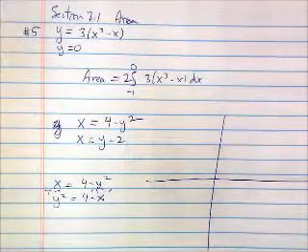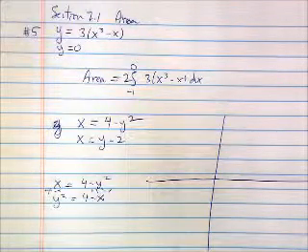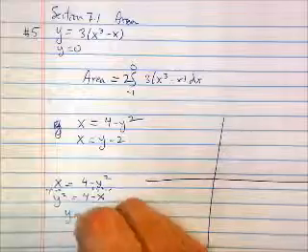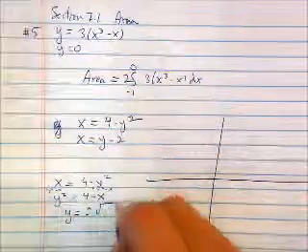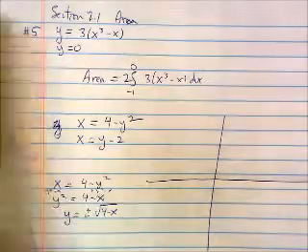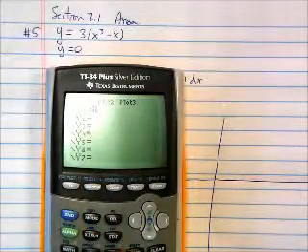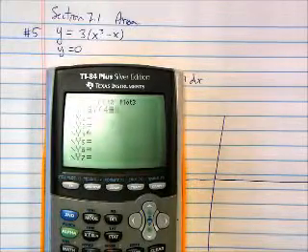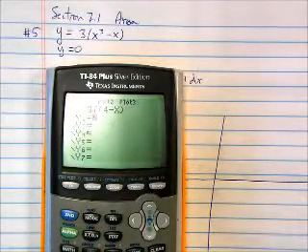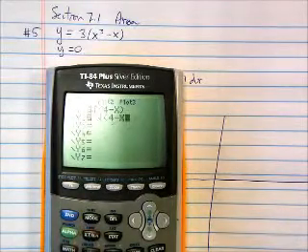And then what happens when I take the square root? I've got to remember there are two of them. There's a positive square root and a negative square root. So I get y equals plus and minus the square root of 4 minus x. So y equals the square root of 4 minus x, and y equals negative square root of 4 minus x.